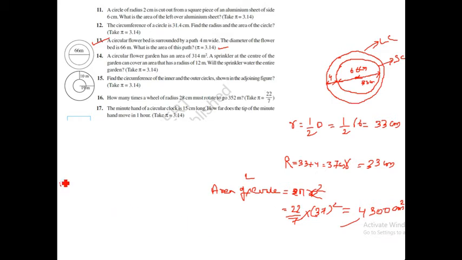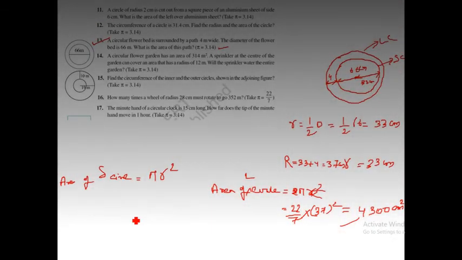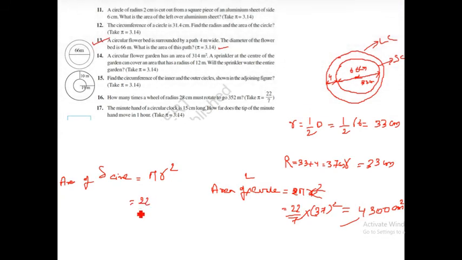And again the area of the smaller circle, that is pi r square, equals pi into 33 square.